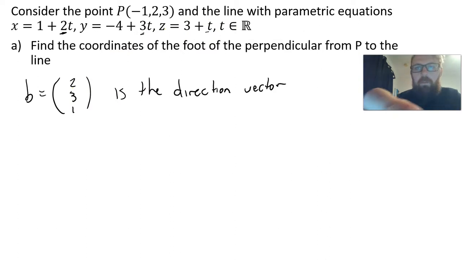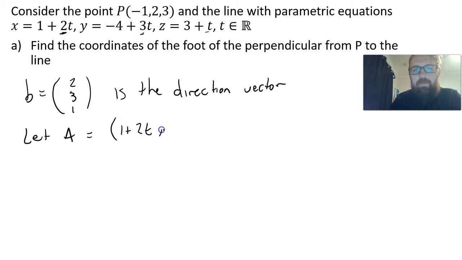Let's call the line that we're moving on A. So let A be equal to (1 plus 2t, -4 plus 3t, 3 plus t). All of those coordinates are described in this parametric equation. Let's just draw a little summary.